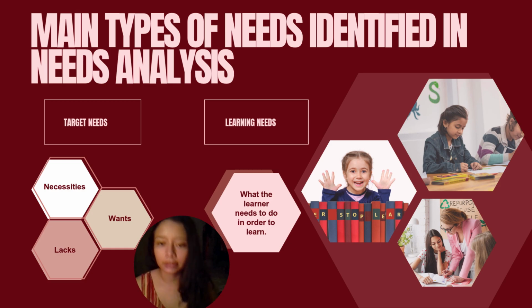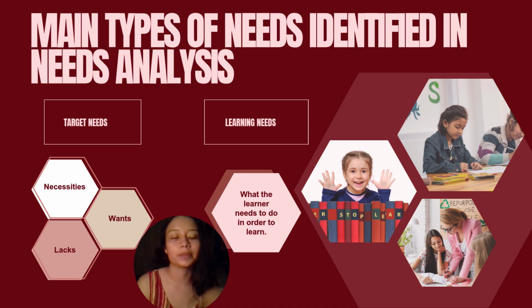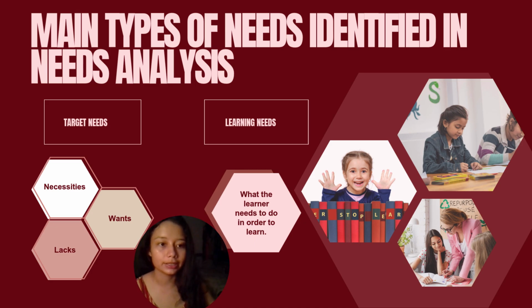And the target needs can be divided into three parts: necessities are what the learners must know or be able to do, like writing academic essays or giving presentations; lacks refers to the difference between what the learners can do now and what they need to do; and wants are what the learners personally would like to learn, even if those don't always match what is required.